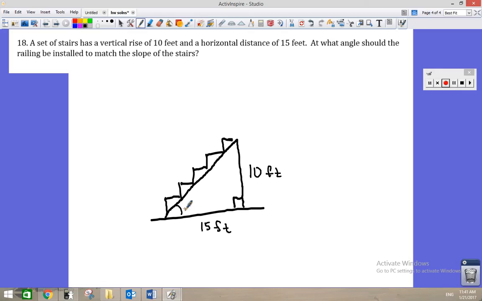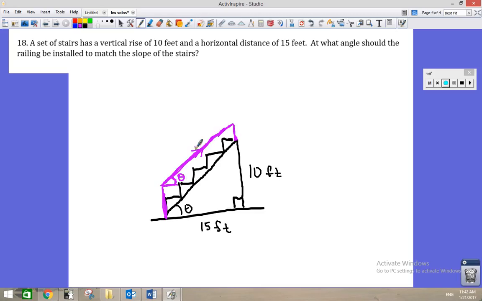And it wants this angle theta, because we're assuming that if we build our handrail to help people go up the steps, the handrail is also at an angle of theta.